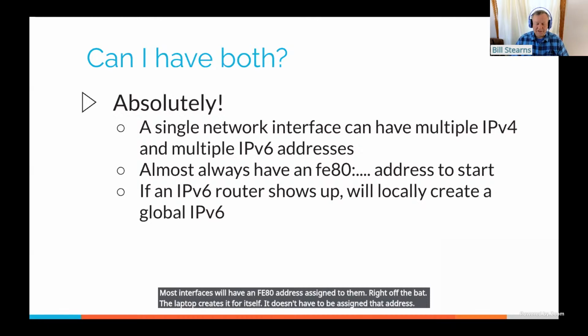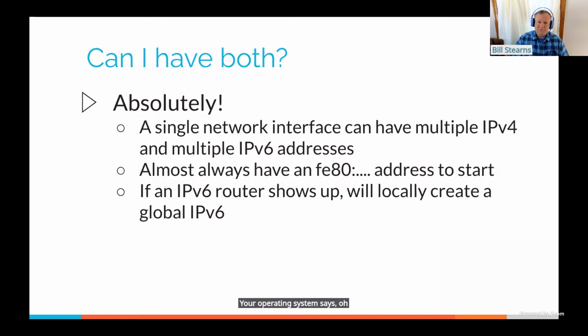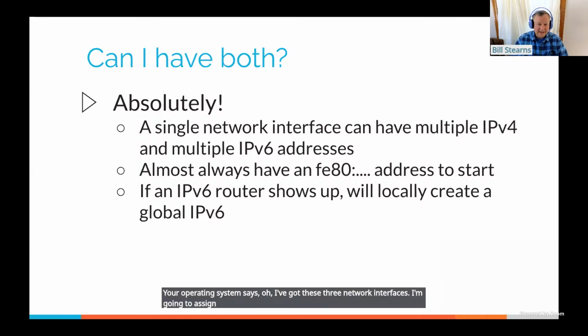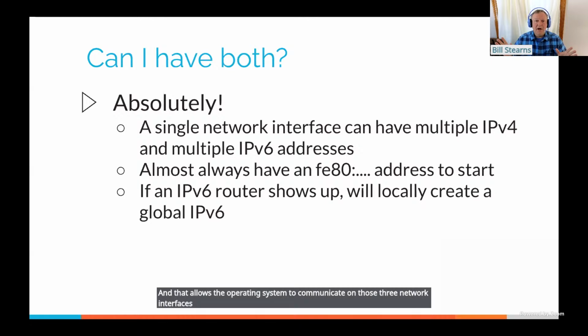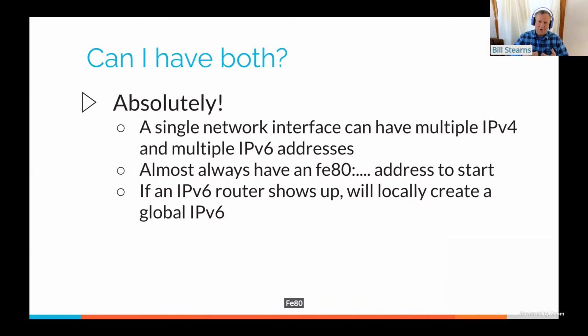Your operating system says, oh, I've got these 3 network interfaces, I'm going to assign 3 FE80 addresses to them. That allows the operating system to communicate on those 3 network interfaces with no knowledge of how to reach the internet, no knowledge of even if there is a router in the building. FE80 is considered how do I talk to the other machines on my network segment.